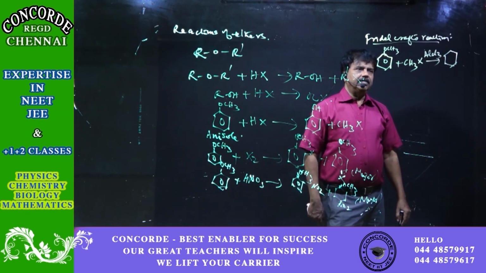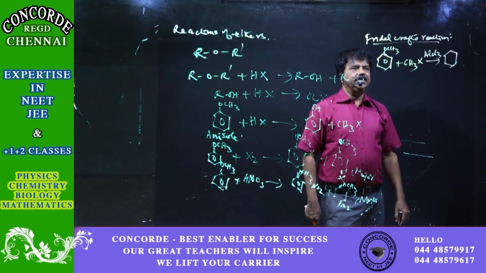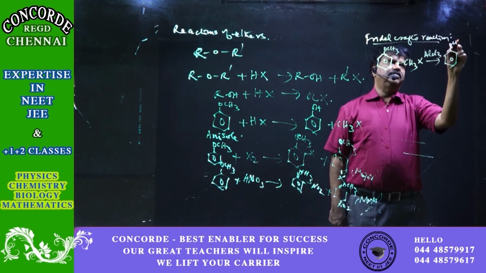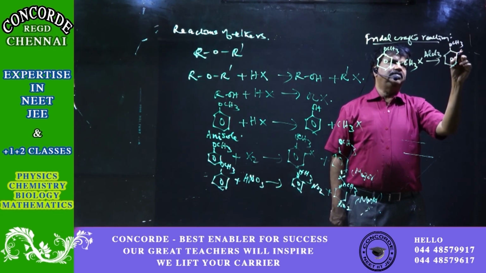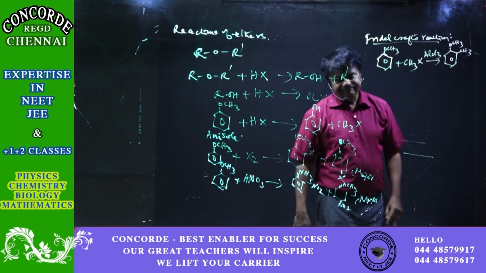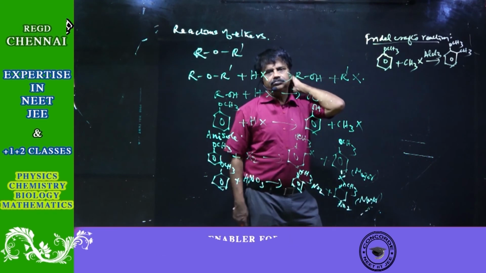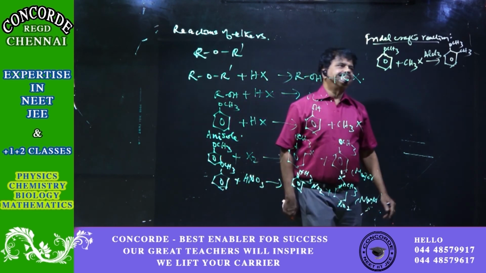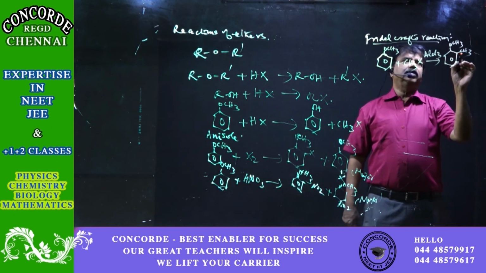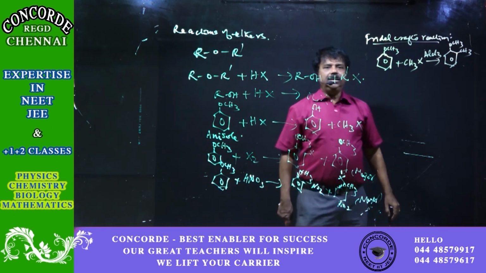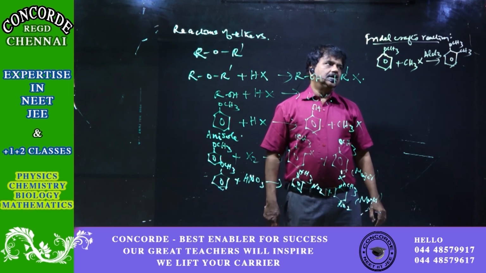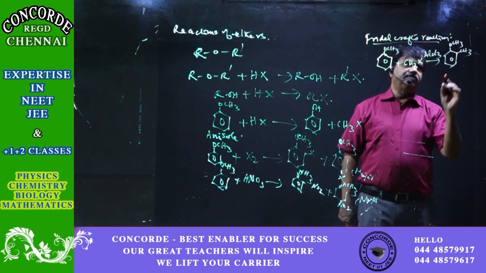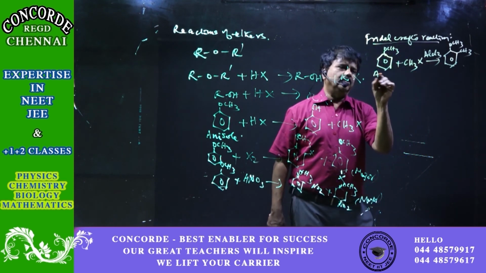This happens in the presence of AlCl3, and we get OCH3 with the CH3 getting substituted here. This is the methylated product. In all these cases the starting compound is anisole.